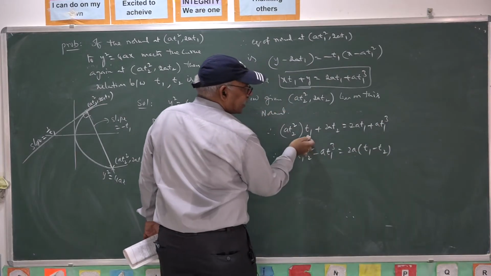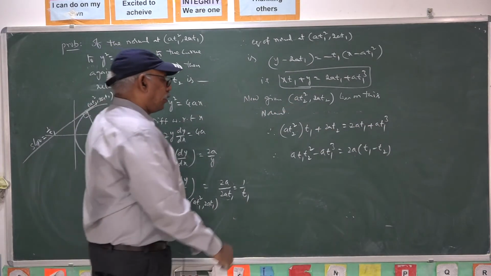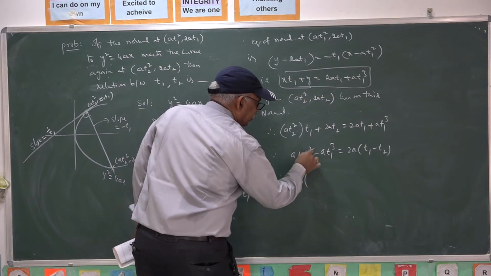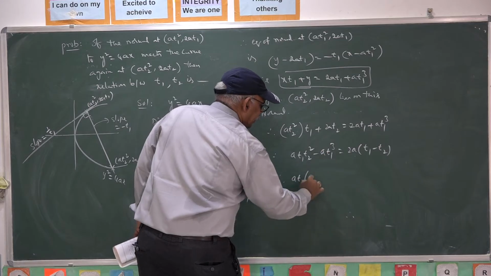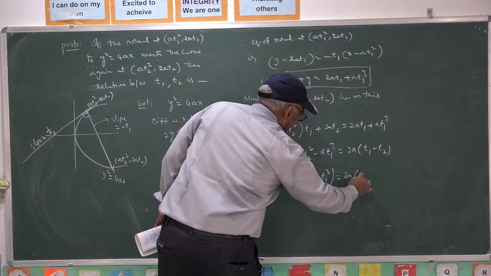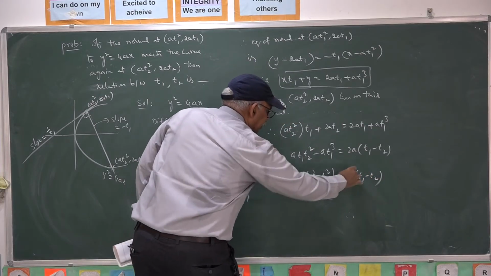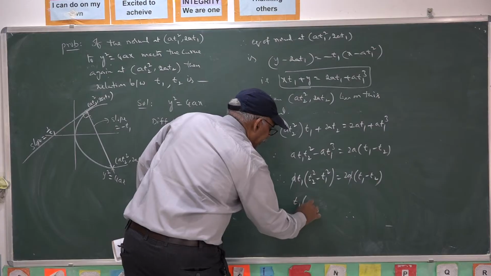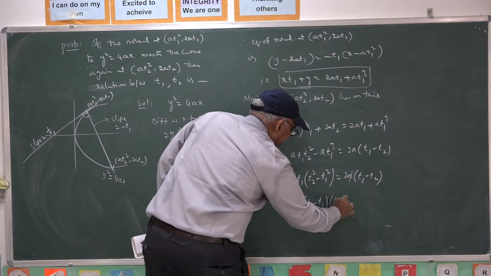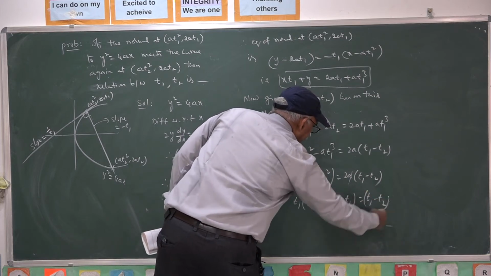I am taking this term to this side, this term to this side. Therefore, taking a t1 common, we get t2 square minus t1 square is 2a into t1 minus t2. Or you can remove this a: t1 into t2 minus t1 and t2 plus t1 is t1 minus t2 itself, 2 into.